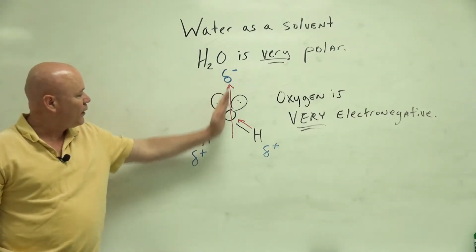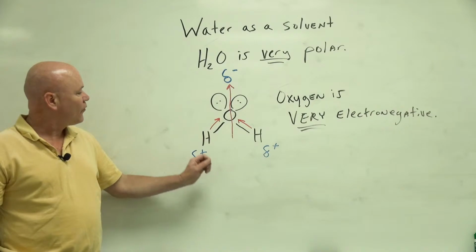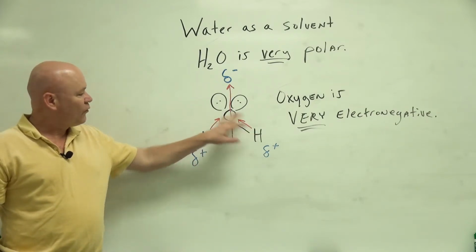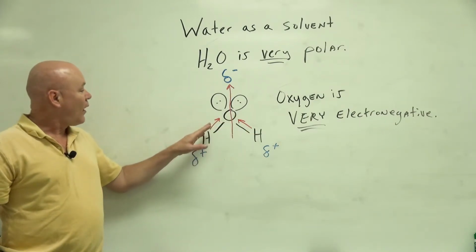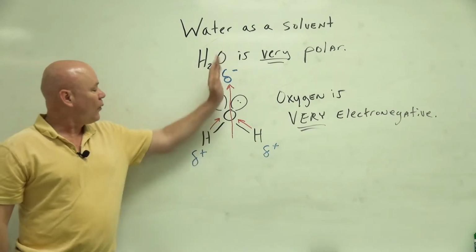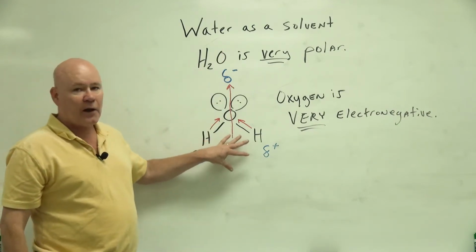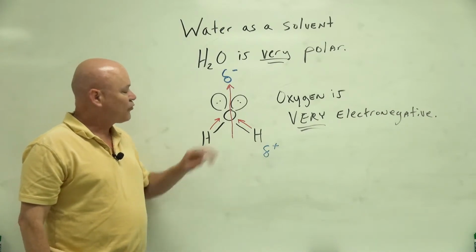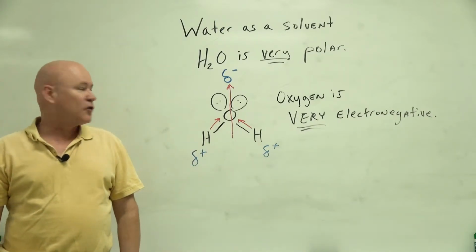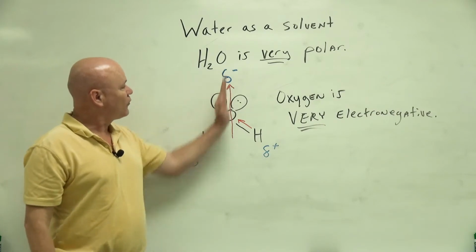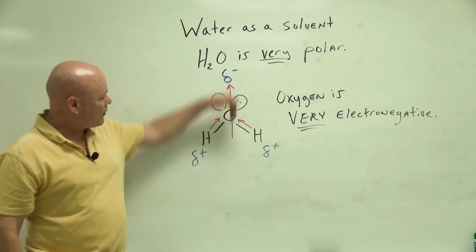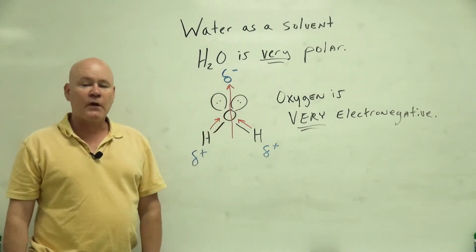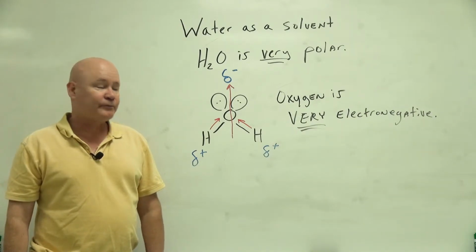Now, this is a permanent dipole in the sense that as long as this molecule is together, the oxygen is going to be pulling electrons this way, and the hydrogens are going to be electron deficient, and they're going to end up having plus net charges on that end of the molecule. So the head of the water molecule is partially negative, and the tail of the water molecule is partially positive.